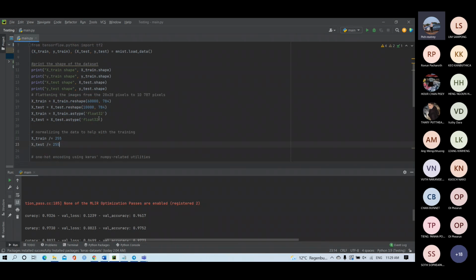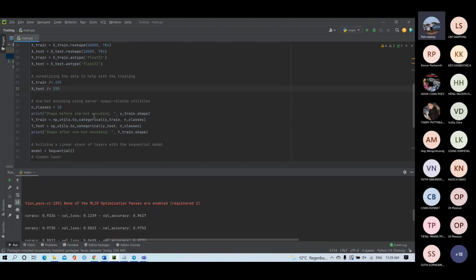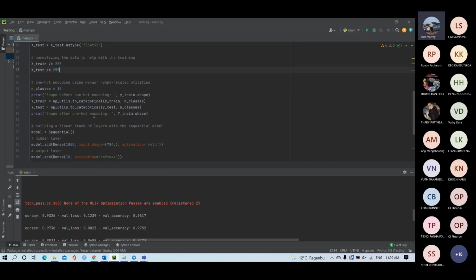This one only converts the type; we do not scale the domain of the value. After that, we use this function in Python: slash equal, which means x train equals x train itself divided by 255, and x test equals x test itself divided by 255. The number of classes in this case is the number of populations that it will run.